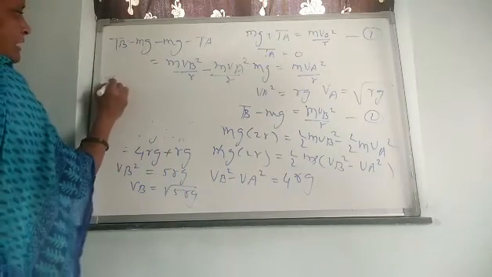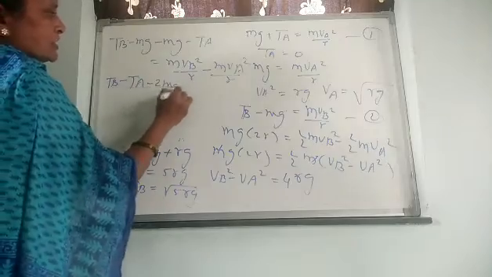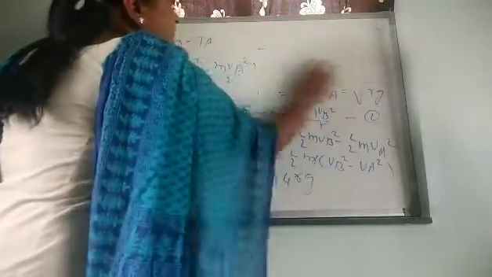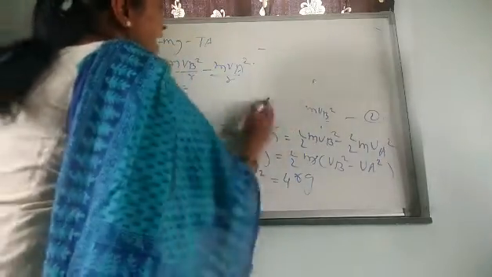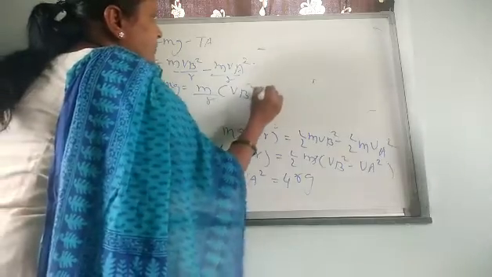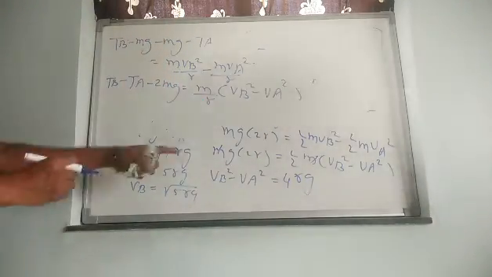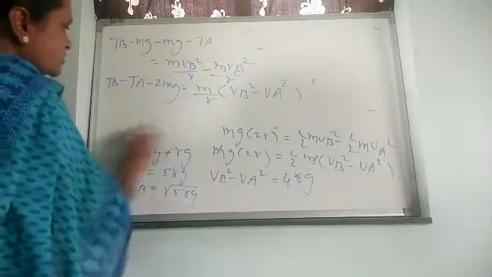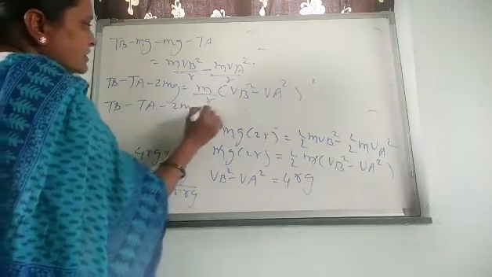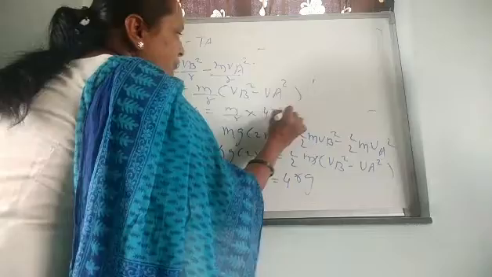Then we get Tb minus Ta minus 2mg is equal to m by r, taking it common, into vb square minus va square. And we have found that vb square minus va square is equal to 4Rg.